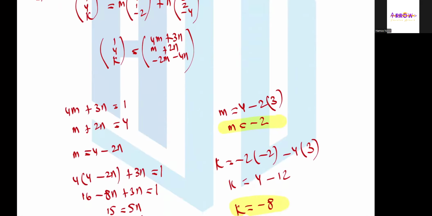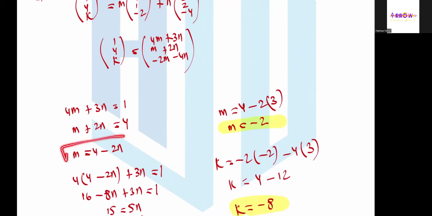So 4m plus 3n is equal to 1. In the same way, the J component is 4 and the J component is m plus 2n. So m plus 2n is equal to 4. So we can solve these two linear equations simultaneously in order to find the values of m and n respectively.